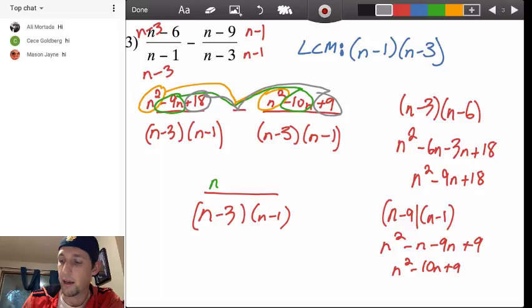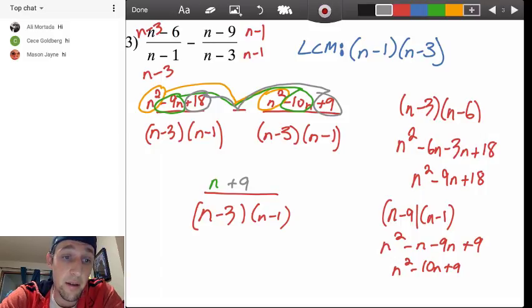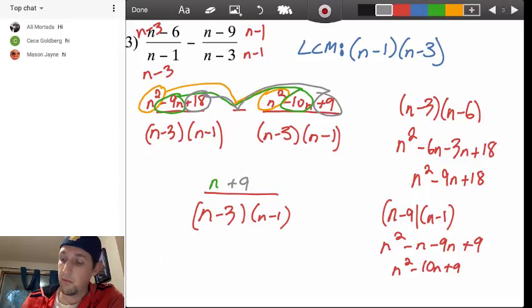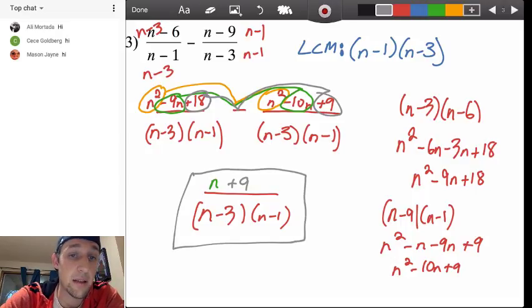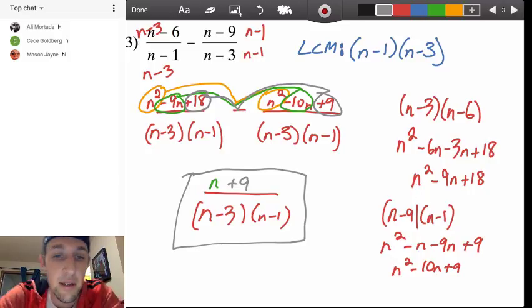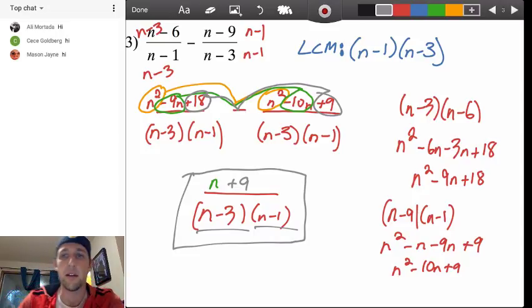That's just regular 9. So I get n plus 9 over n minus 3, n minus 1. There is no simplification I can do there. It's just this. I cannot cancel n's. I can't cancel 9 over 3. There is nothing I can cancel there because the only way I could do it is if I canceled the whole parentheses. Since I can't cancel either of those two whole parentheses, there's no canceling that I can do.